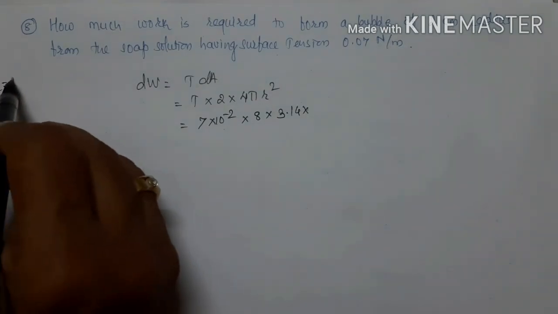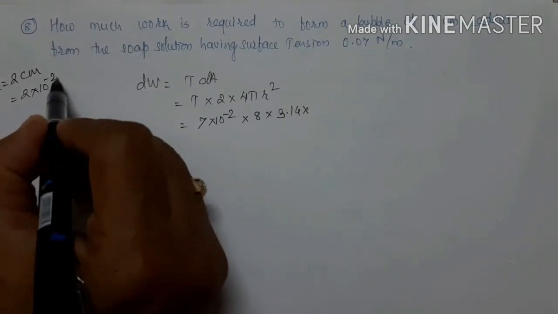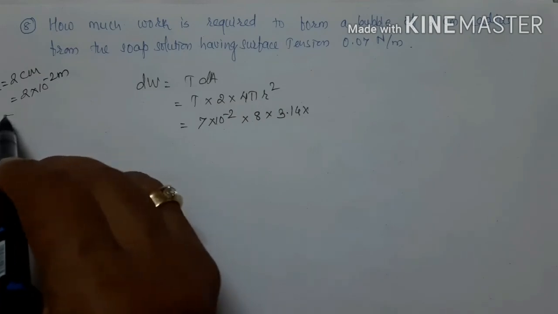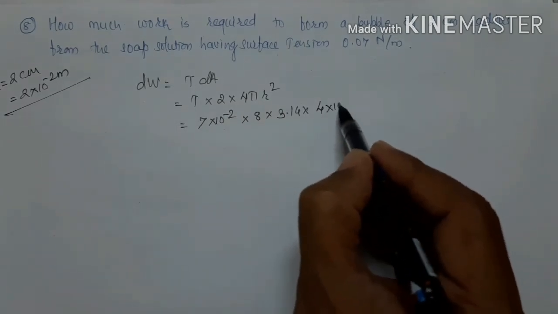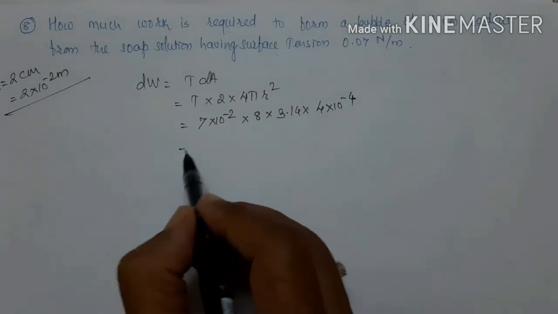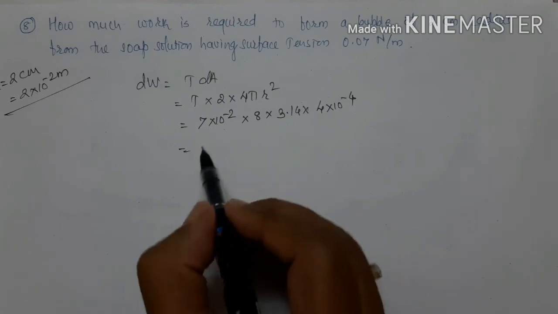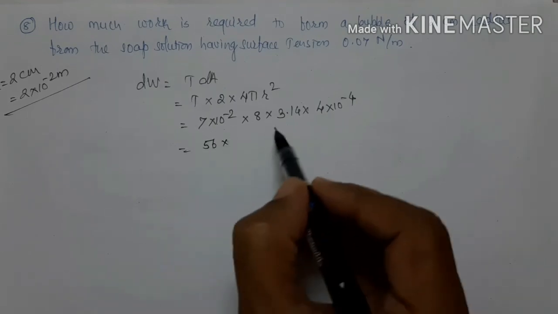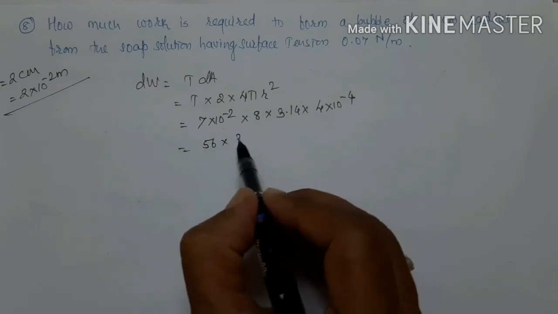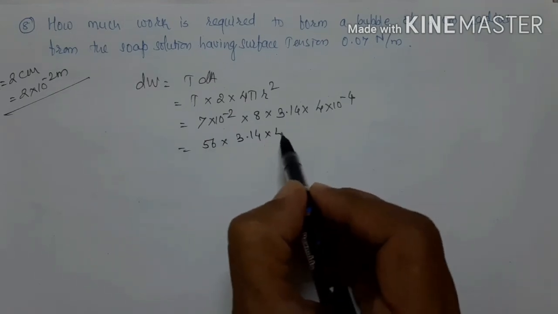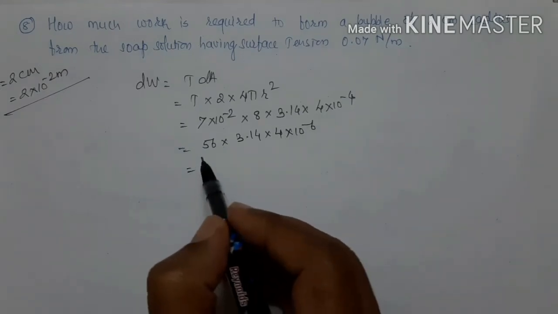The radius 2 centimeter means it is 2 into 10 to the power of minus 2 meter, and the square of it is 4 into 10 to the power of minus 4, and it should be equal to 7 8s are 56 into 3.14 into 4 into 10 to the power of minus 6.